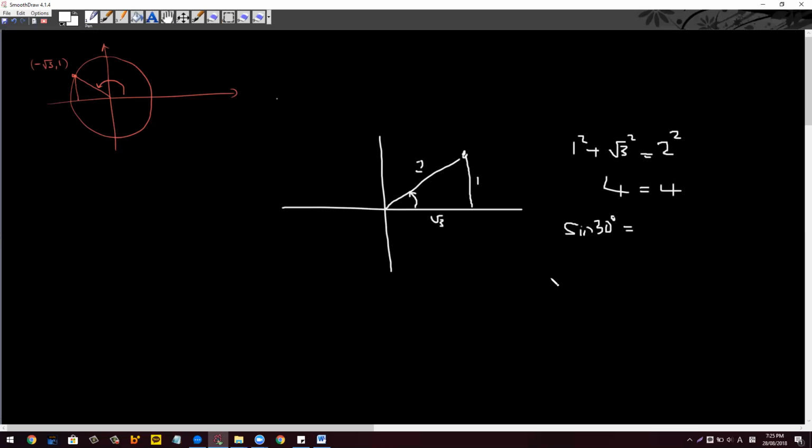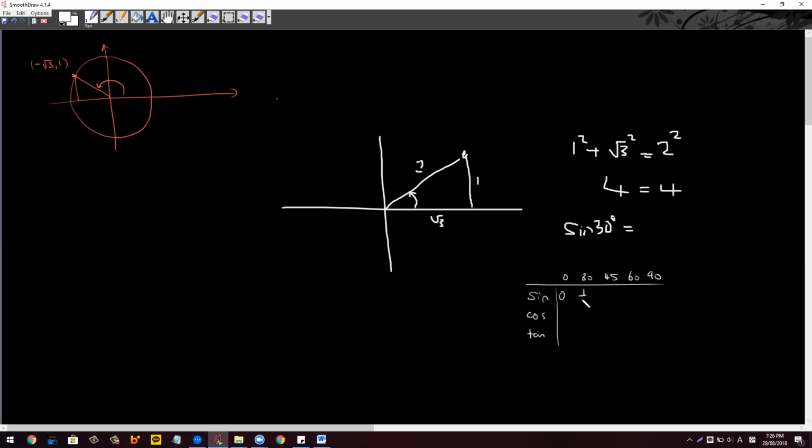Okay. So sine of 30, you guys have to memorize this one. So sine, cosine, and tan, with the angles of 0, 30, 45, 60, and 90. It'll definitely help you if you just memorize this. Sine of 0 is 0.